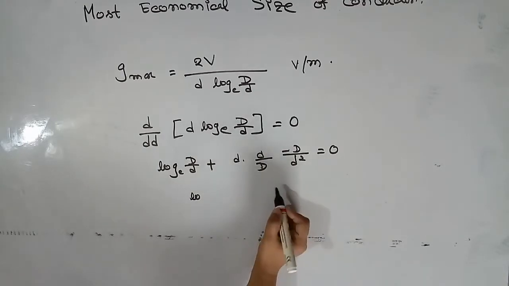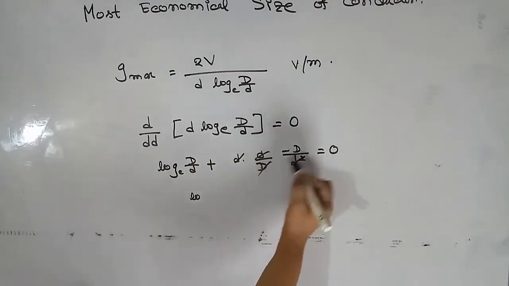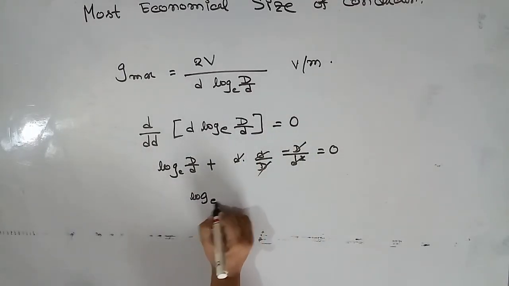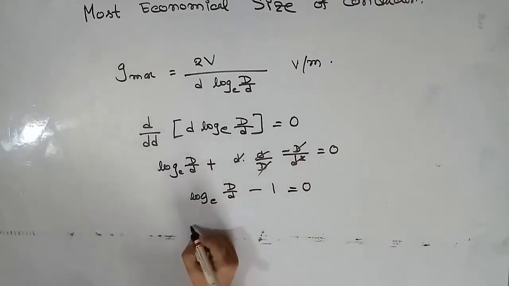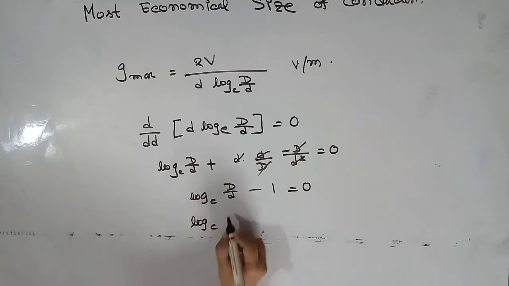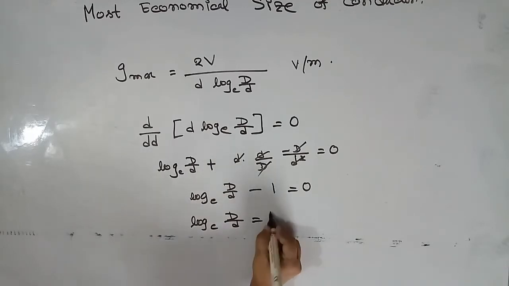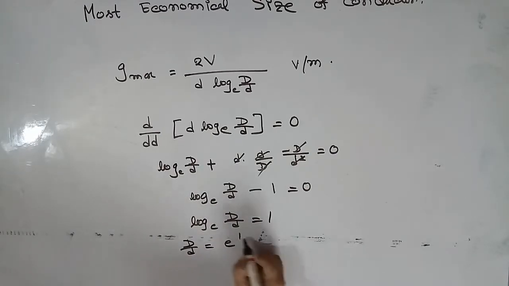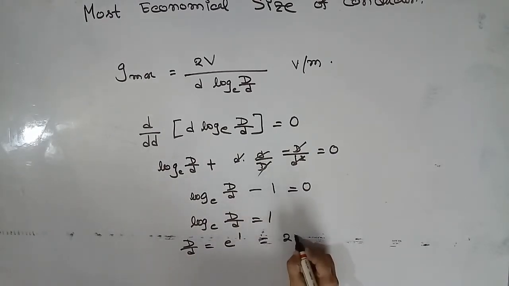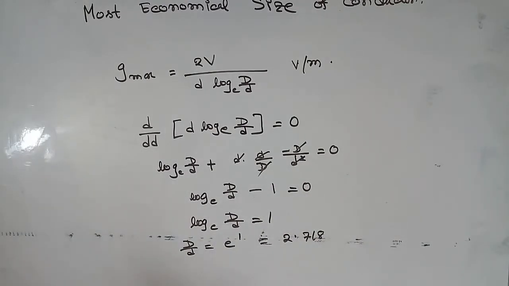So from here log e D by d minus 1 equals to 0. So log e D by d is equals to 1. So D by d is equals to e to the power 1, that is 2.718.